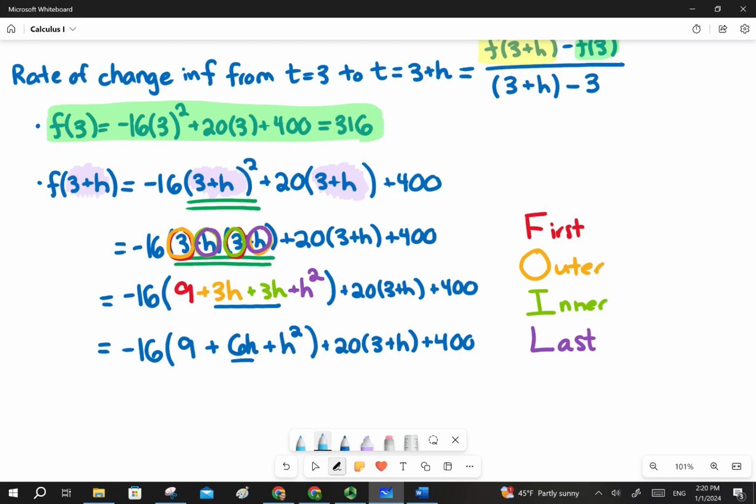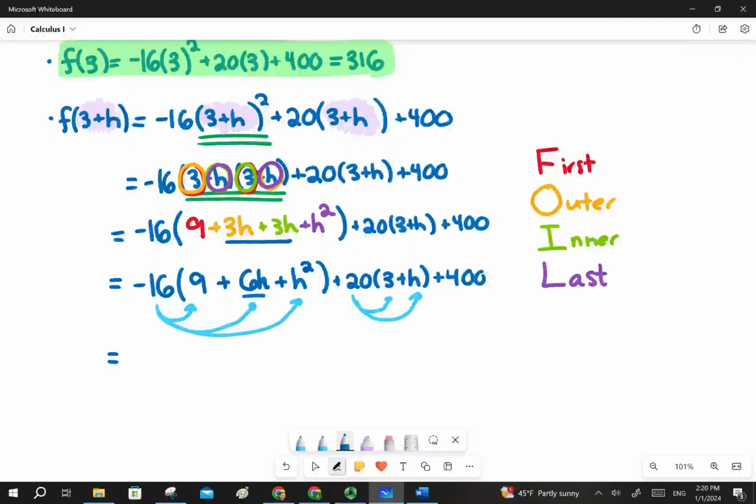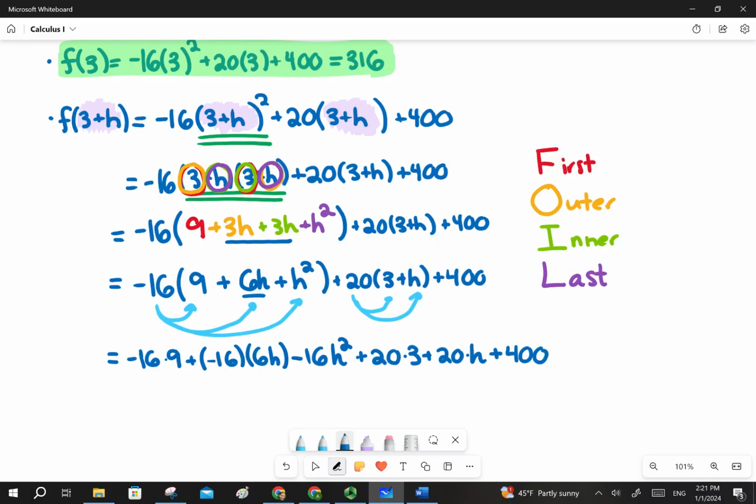Now, when I distribute the negative 16 and the 20, I get negative 16 times 9 plus negative 16 times 6h minus 16h squared plus 20 times 3 plus 20 times h plus 400.